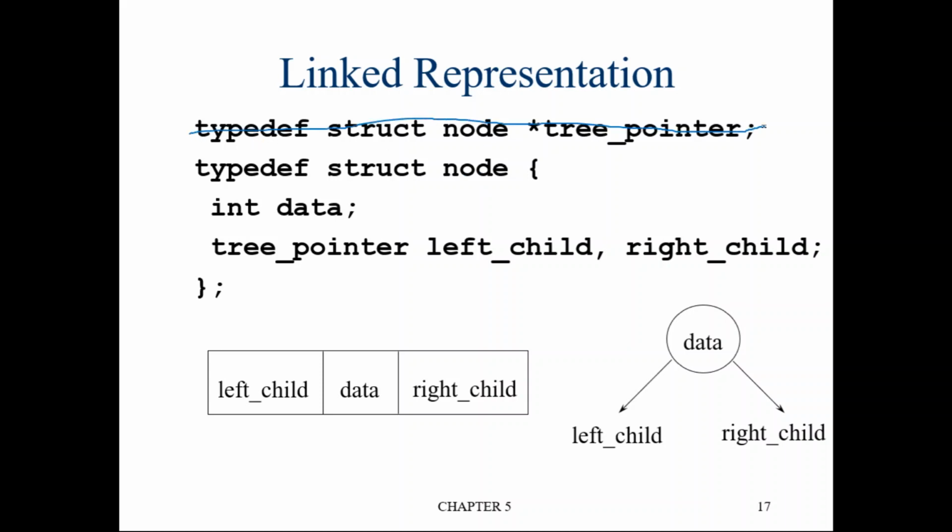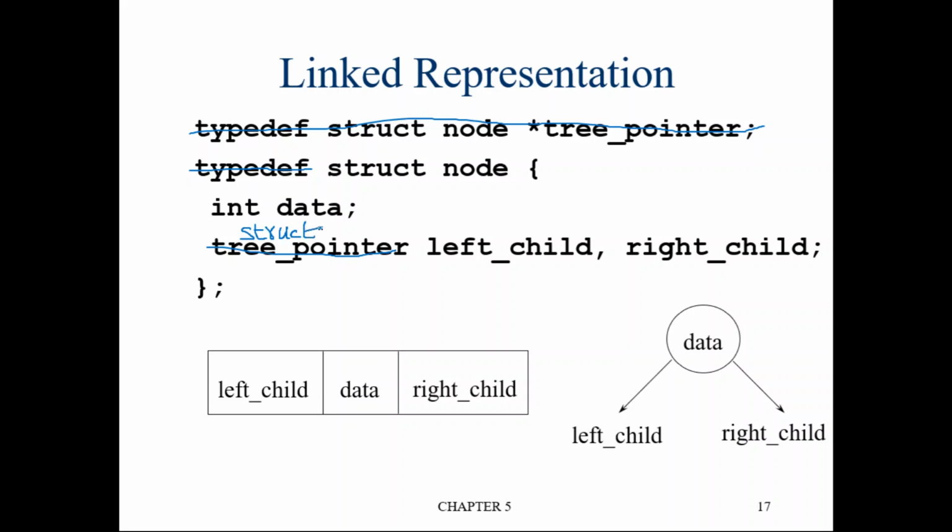Take away this type definition also. Instead of tree pointer we can say struct node star, like how we used in linked lists. It is the same thing, but represented in a different way.